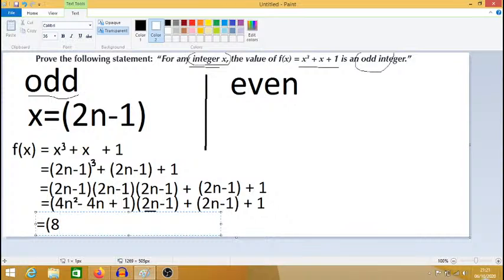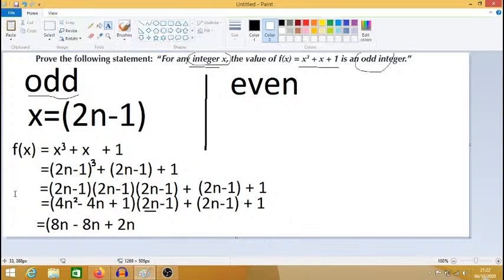So I'll have 8n cubed minus 8n squared plus 2n. And that's the 2n that I've multiplied by. So then I just need to multiply by the minus 1. Let me just put the powers in.